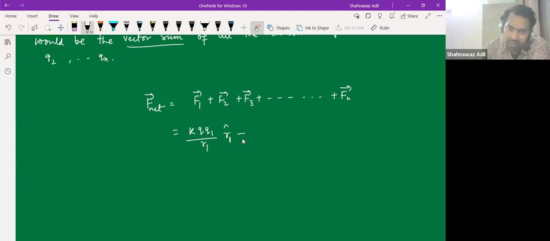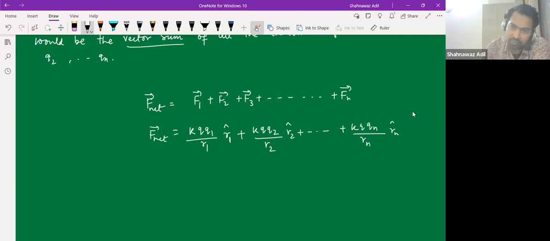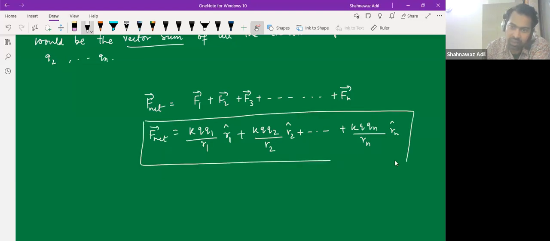Similarly, k Q q2 divided by r2 squared times r2 hat, plus k Q qn divided by rn squared times rn hat. So this would be the net F. Is this clear, guys? Yes, sir.